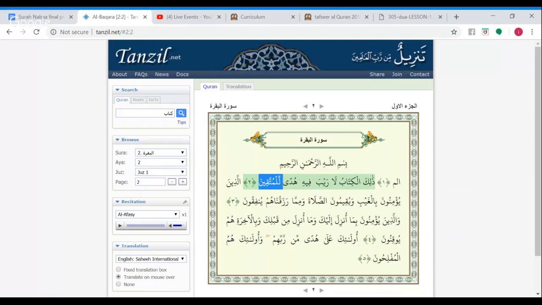As I said, if the lam that comes before the ism has the meaning of for, then it is considered a harf jar. And what is its job? It will make its ism majroor, meaning the ism must have the kasra at the end. Let's see how.